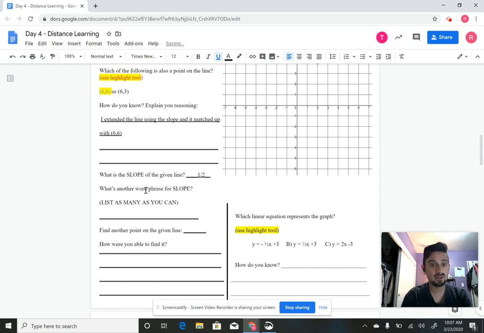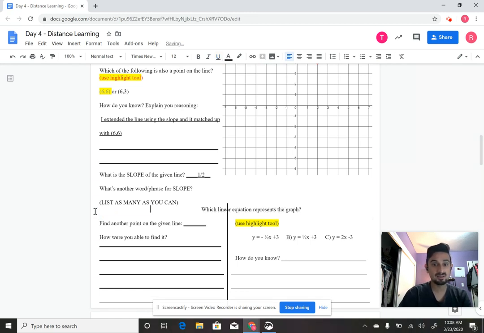And then what's another word or phrase for slope? List as many as you can, so we can do that. Let's go with rate of change. Rise over run. And then the letter M too. Remember the letter M? Okay.